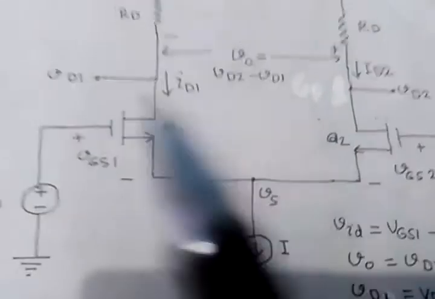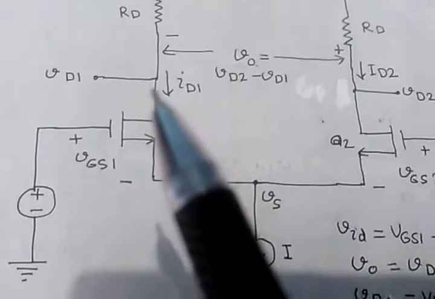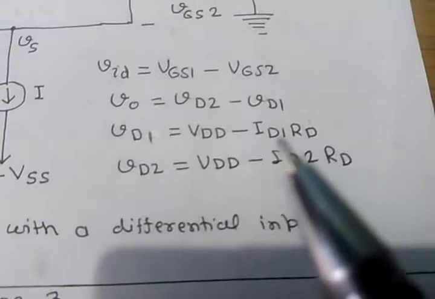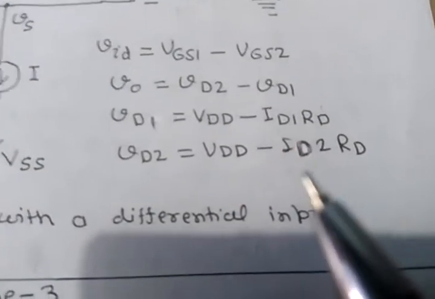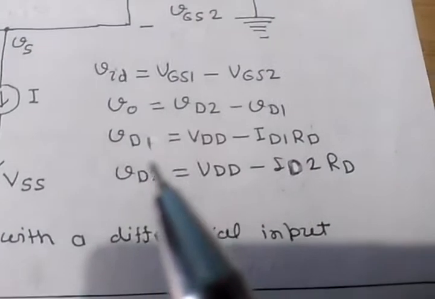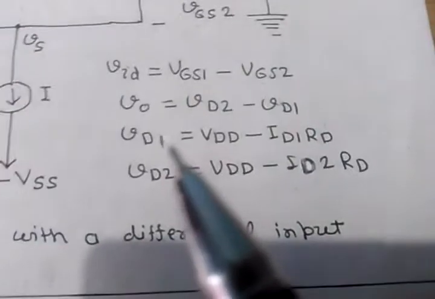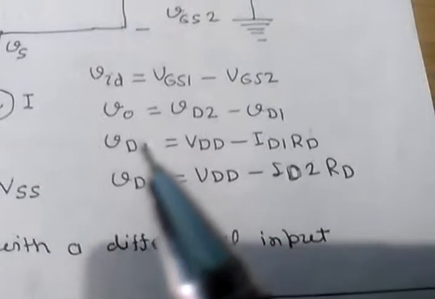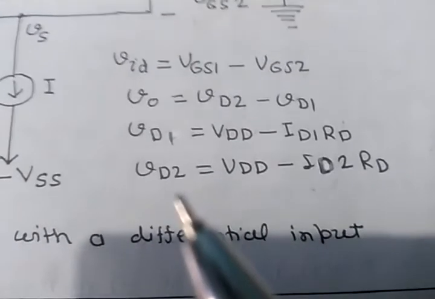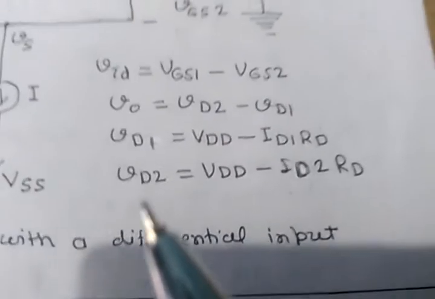We already know the drain voltages VD1 and VD2 can be given by these equations. So when ID1 is greater than ID2, then VD1, which is the drain voltage of Q1, will be less than VD2, the drain voltage of Q2.